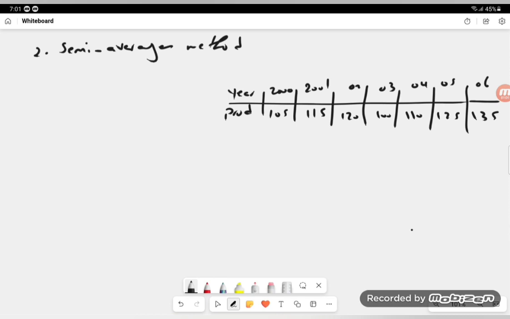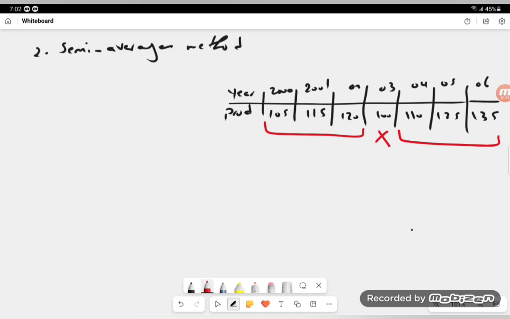semi-average, we have to divide data into two equal parts. If the data, just like this example, is an odd number, the number of observations in this case is 7 observations. So we can divide it into 3 observations and 3 observations and omit the central observation. So this will be 2 equal halves and only one omitted from the center.